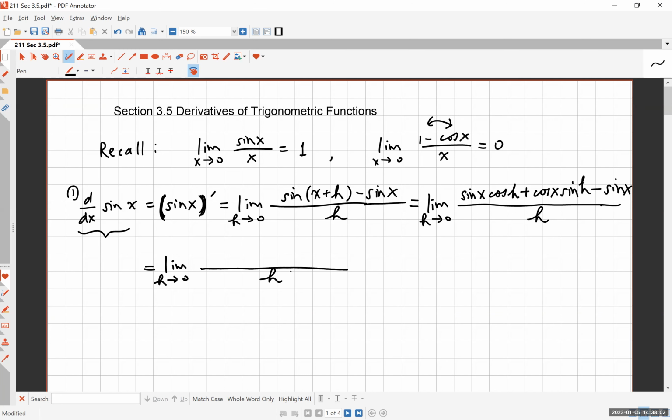The denominator is h, and the only thing we can do at this point is, you see sine of x twice. They don't cancel, but you can factor it from the first and the third term. So sine x times cosine of h minus 1, plus cosine x sine of h. Rather long expression, but we have seen longer.